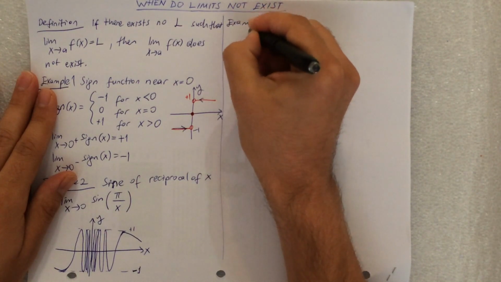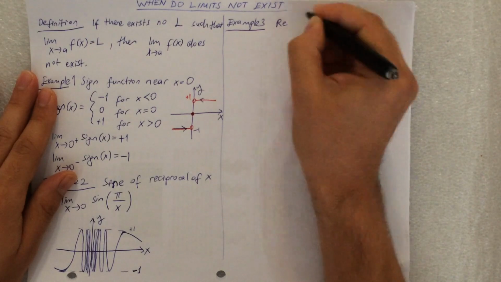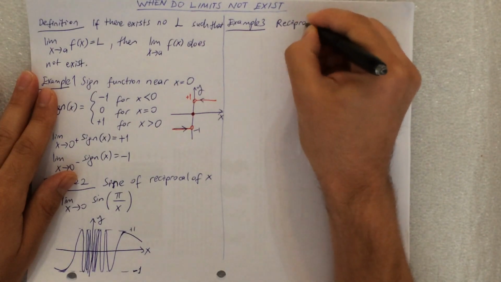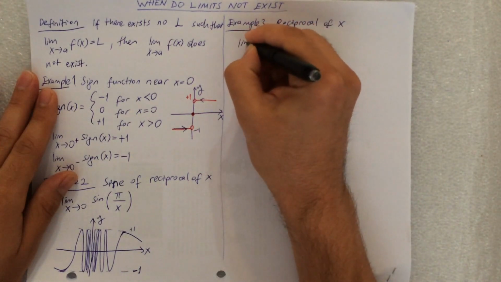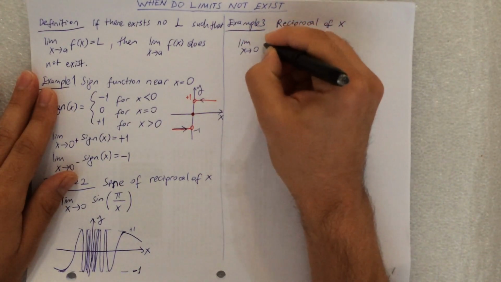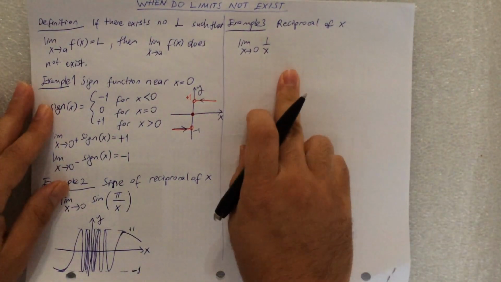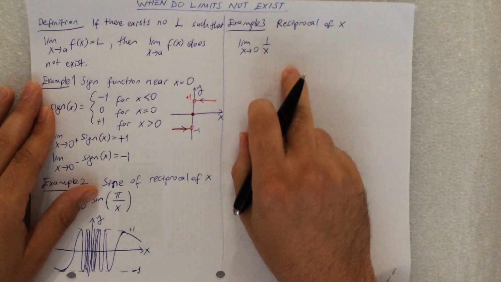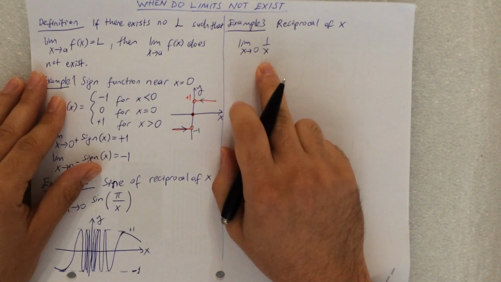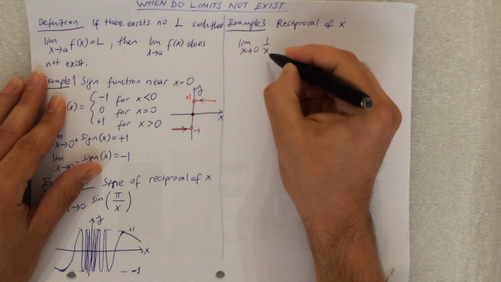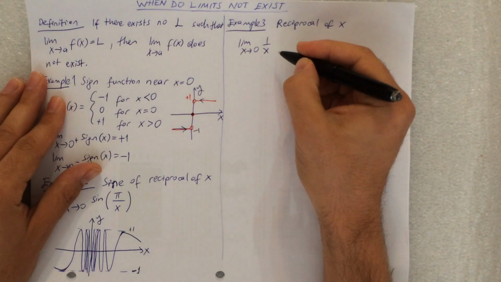Another example is the reciprocal of x: limit as x goes to 0 of 1 over x. This one as well will not get close to any particular value as x goes to 0, because as x goes to 0, this is going to be a larger and larger value.